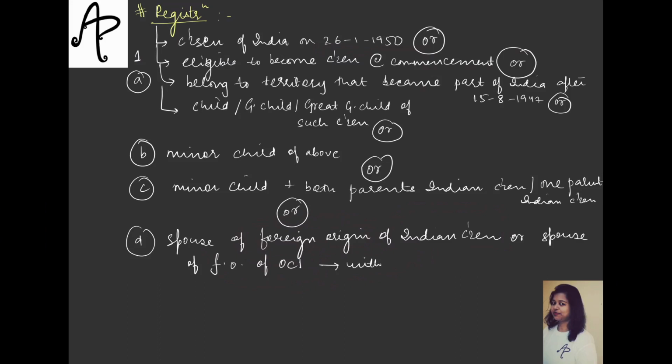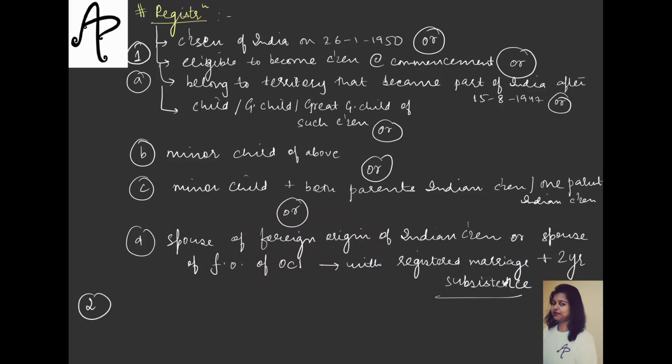But if you are a spouse, definitely there should be a registered marriage, because that is the only proof that will be considered, right? And your marriage should have subsisted for 2 years. There should be a 2 year subsistence. It is not that if the marriage has broken, it will count. At least the marriage should last 2 years. So that is all under condition 1.